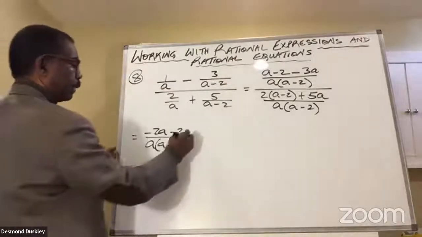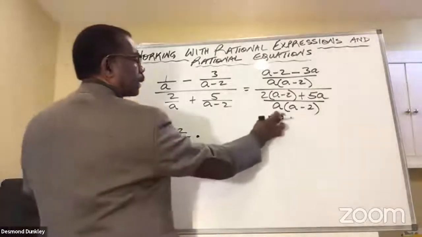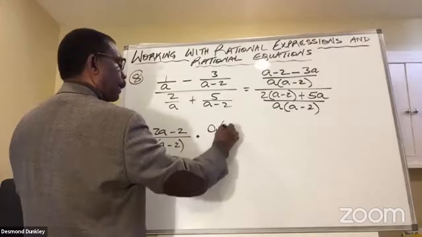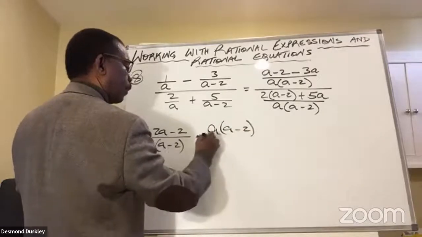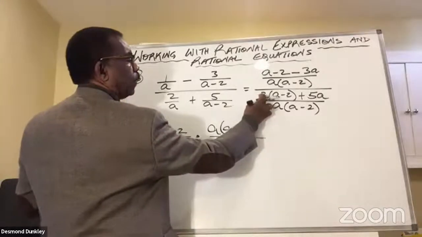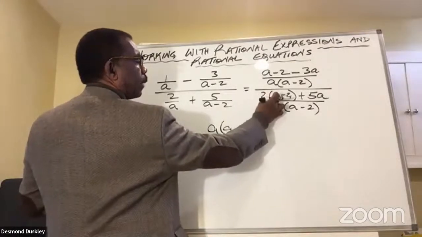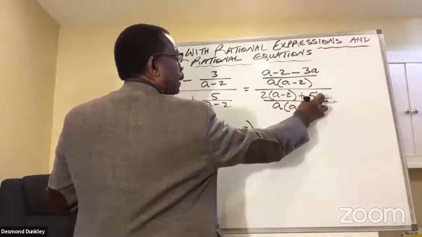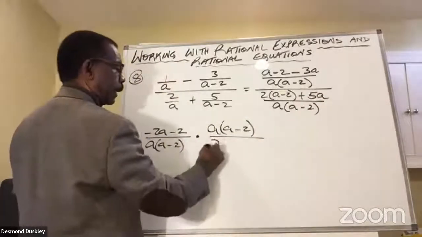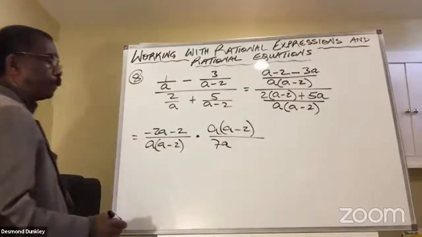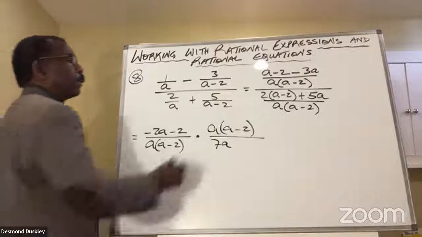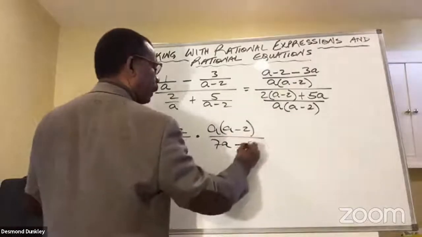Then I'm going to multiply. This goes to the top, this goes to the bottom. Multiply by a times a minus 2, all over, and now I'm going to expand this. 2 times a is 2a, and 2a plus 5a is 7a. 2 times negative 2 is negative 4.